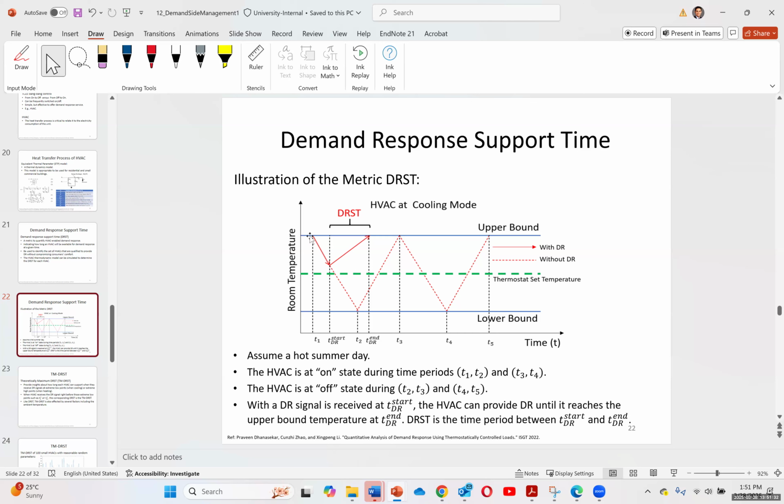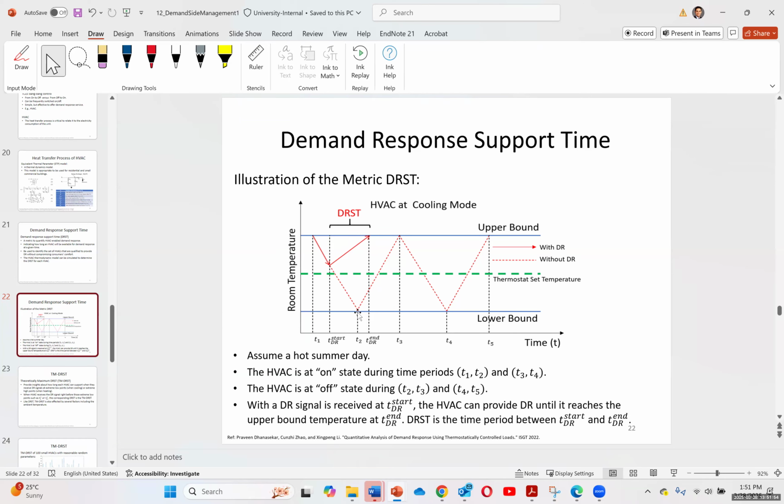Again, as I mentioned, it's the opposite when you have a heating system, an electric heating system. I'm not speaking about gas heating. So this is with the DR again, and without the DR, the system just cools down to a lower temperature and leaves it to go up.